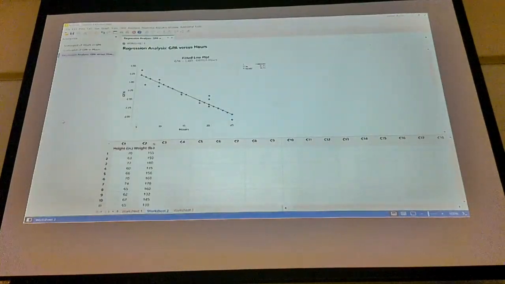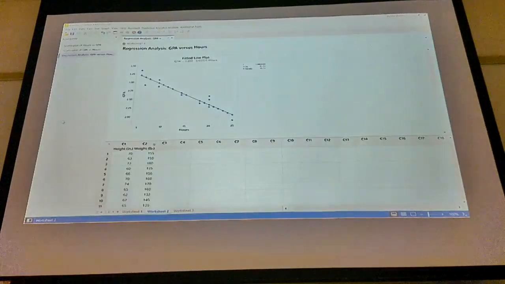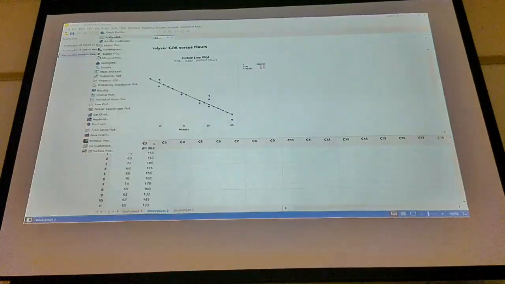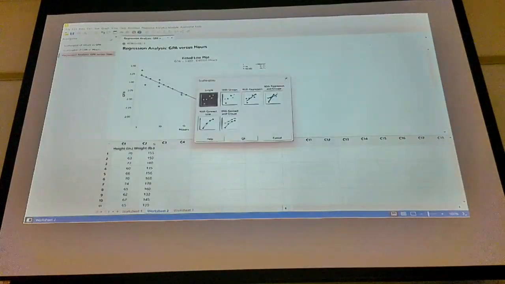Basically, go over where it says Graph and then Scatterplot, right? Yes. And then you push OK, right?